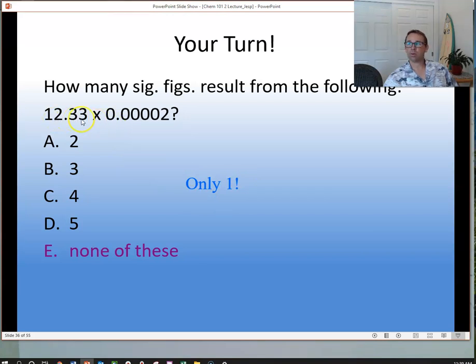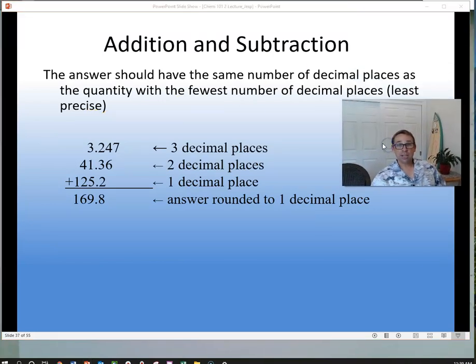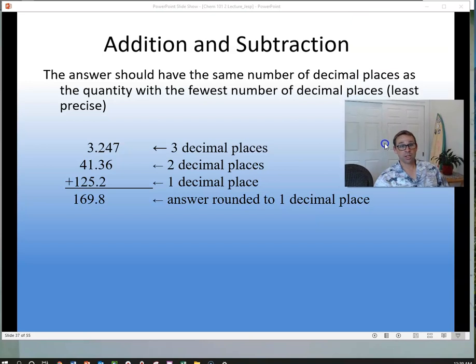So in multiplication or division, you choose the fewest number of significant figures. In addition and subtraction, it's different. For addition and subtraction, you have to line your numbers up with the decimal places all lined together, and then you add them together in your calculator and find out what the answer is.